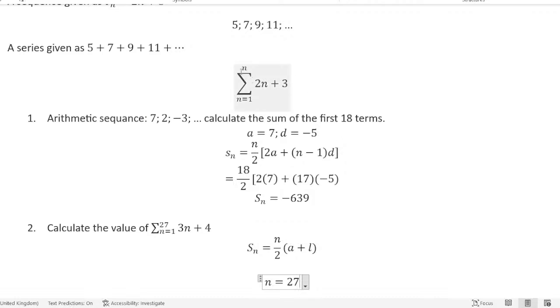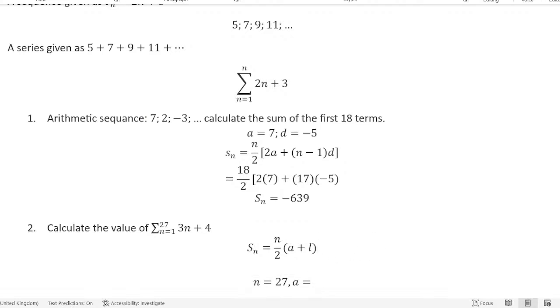Remember, this is the general form, so it's n on top, and n equals 1. n can be any number, but in this case the terms start at 1. So here n is equal to 27, that is the last term, and a is equal to the first term. How can we get the first term?